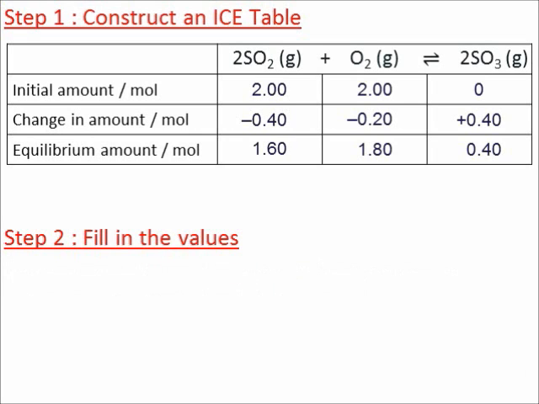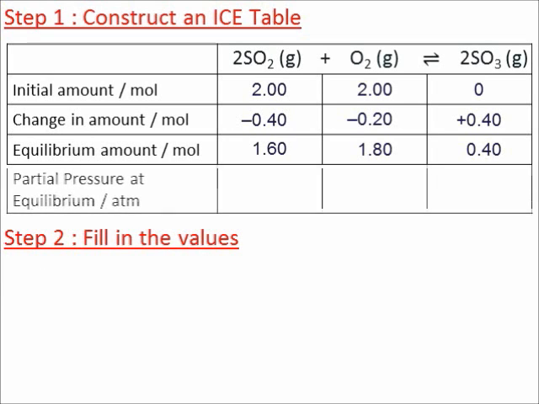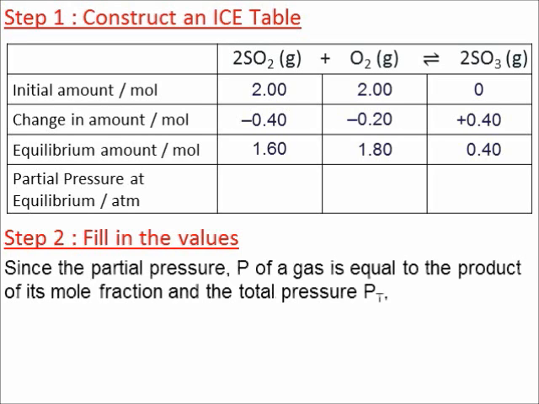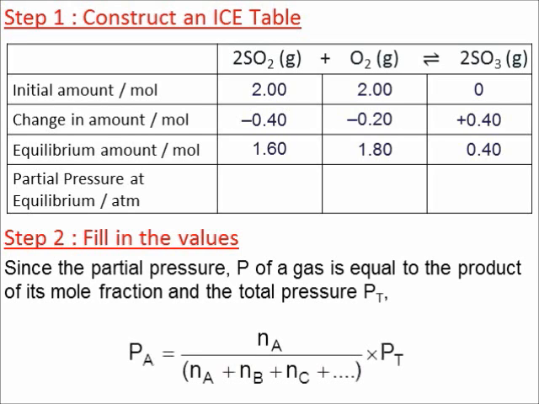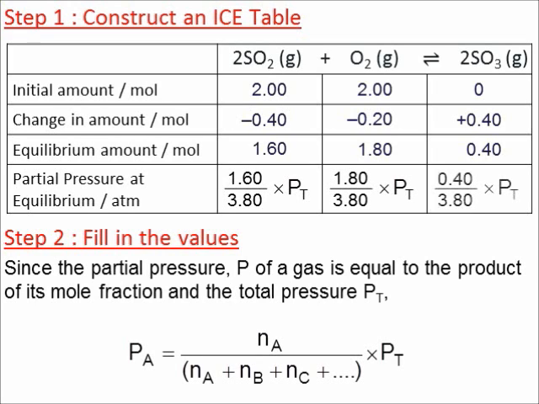As the value of Kp is given, we will need the partial pressures of the reactants and products at equilibrium. Recall that the partial pressure of a gas may be obtained by multiplying its mole fraction with the total pressure. For each mole fraction, substitute in the respective number of moles of that gas over the total number of moles of gas in the system.